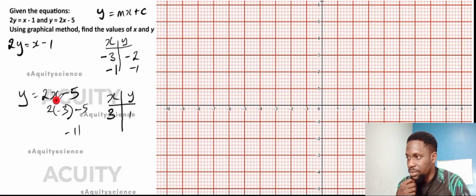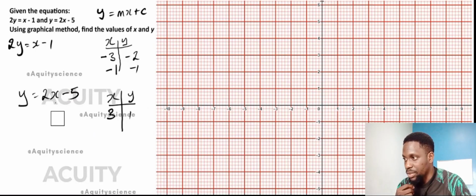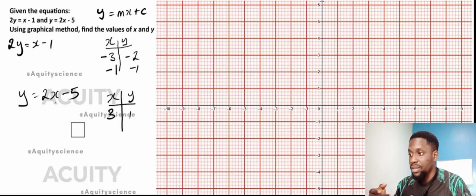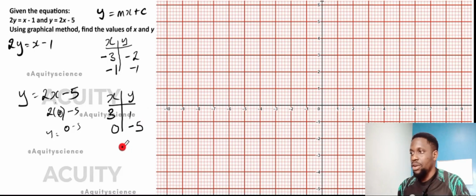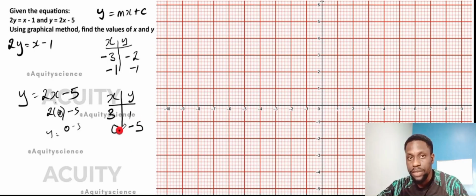What if I use 0 as my x? I've got those limitations of making sure I use figures that I have here. But you can use minus 11 if you have a bigger graph sheet, and it will work fine. So I'll use 0 because of my limitation. 2 times 0 is 0, minus 5, so y is minus 5. I will use 0 and minus 5. I've got 2 points for each of the lines.